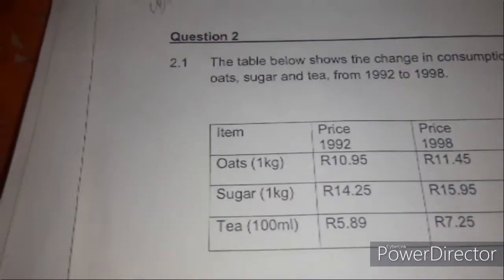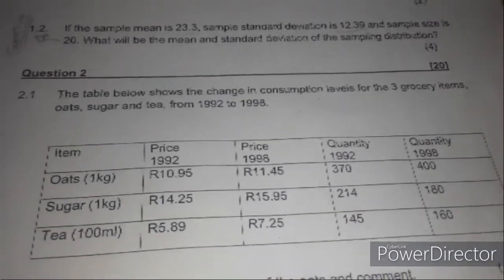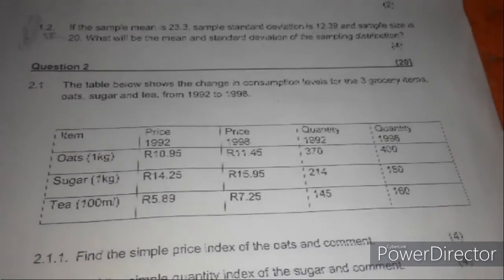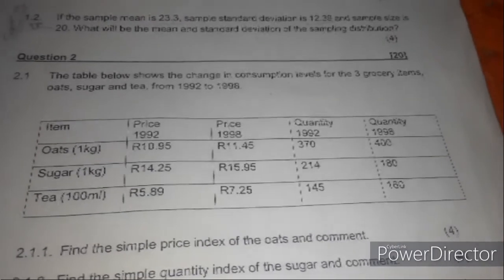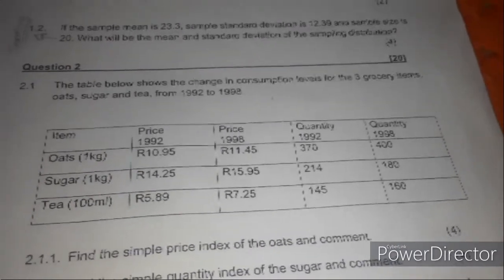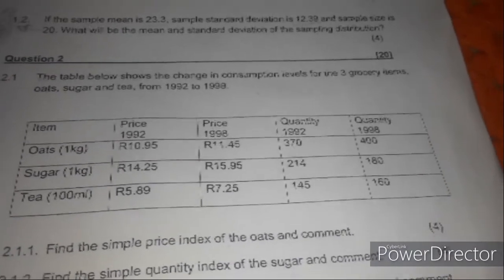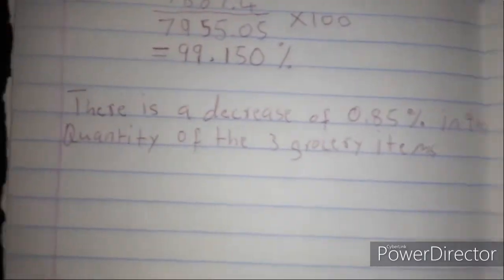So if you read that statement on 2.1, we are calculating price and quantity index for those three grocery items. That statement reads as follows: the table below shows the change in consumption levels for the three grocery items. And that's why I wrote three grocery items, because this is about the three grocery items.